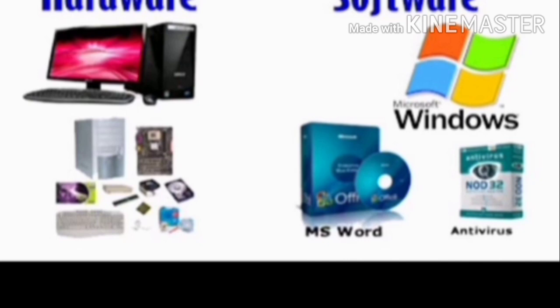These are examples of operating software. Second is application software. It is used to run a particular program. For example, the software we use for painting and playing games in a computer.